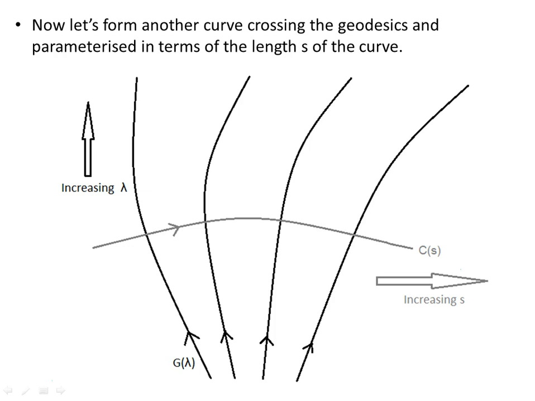Now let's form another curve crossing the geodesics, and this curve will be parameterized in terms of the length s of the curve. So in space-time, such a parameter would be the proper time of the particle travelling through the space-time, but here we'll just call it s, and the direction of increasing s is from left to right. So we have a curve passing over these geodesics.